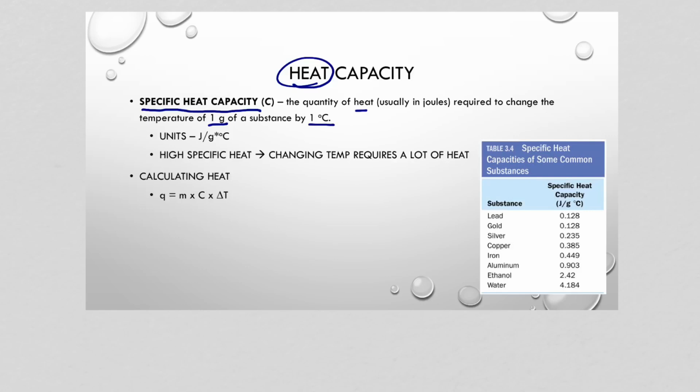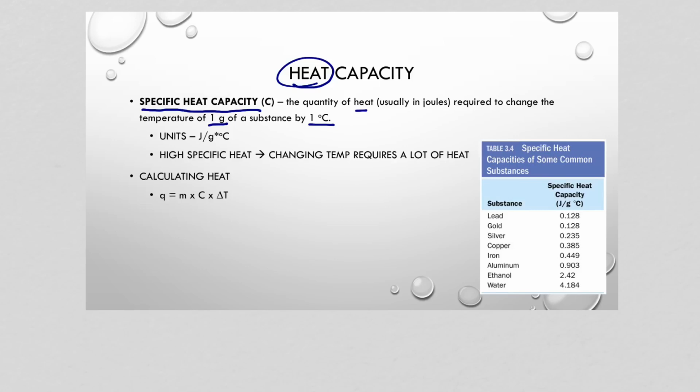So this is how much heat has to flow in or out in order to raise or lower, if we're flowing out, the temperature of 1 gram of a substance by 1 degree. And the units of heat capacity are typically joules per 1 gram per 1 degree Celsius. So joules over grams times Celsius.